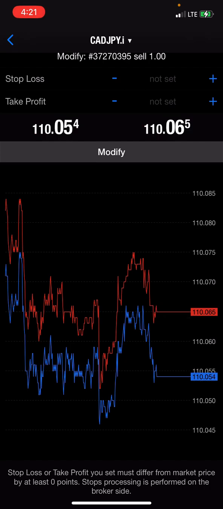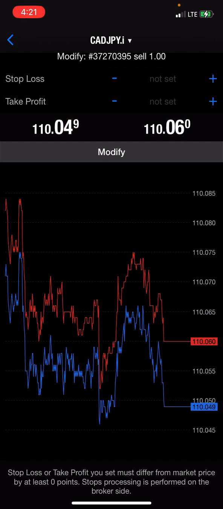But I could always put my stop loss maybe at 110.085. If I want to go to sleep, I would probably just put it there, give myself a little breathing room if it breaks past that point.